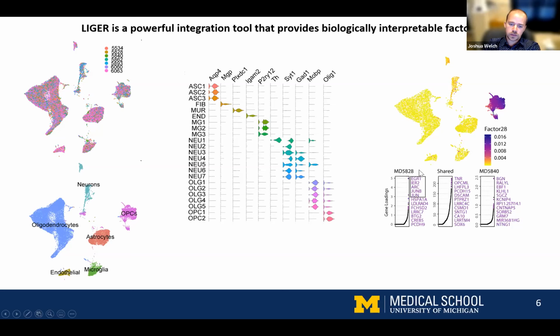And if we look at the data set specific metagenes, they actually contain signatures related to the disease status of the patients. In this case, one person had some kind of post-mortem diagnosis of early neurodegeneration, and the other individual died of head trauma. And so there are some genes upregulated related to that traumatic event.